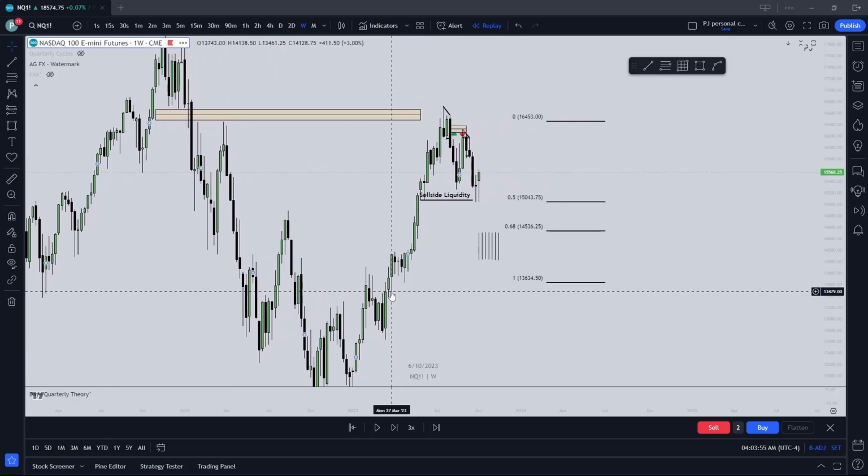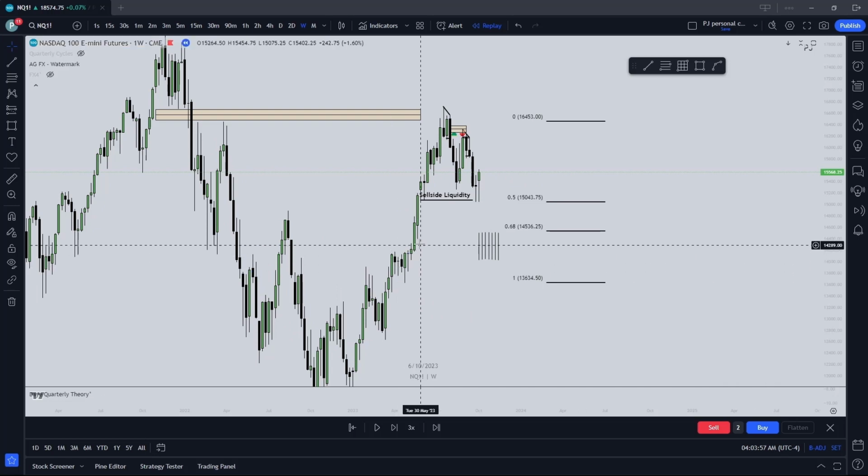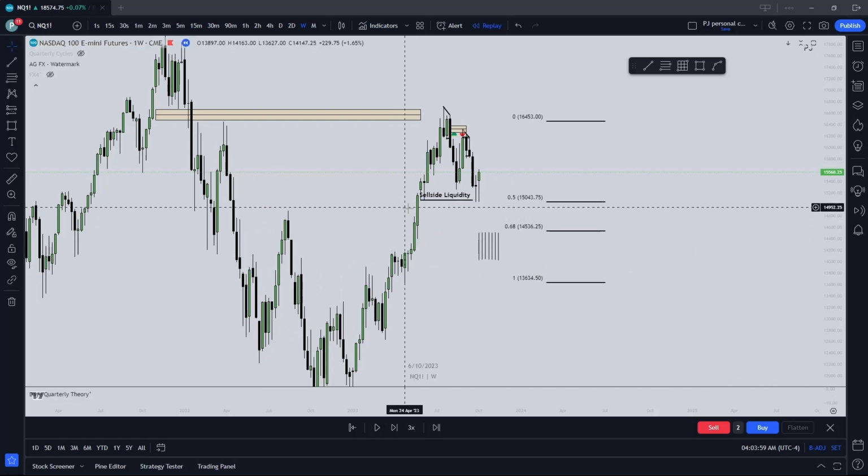We also leave multiple VIs, as well as multiple fair value gaps open as well.